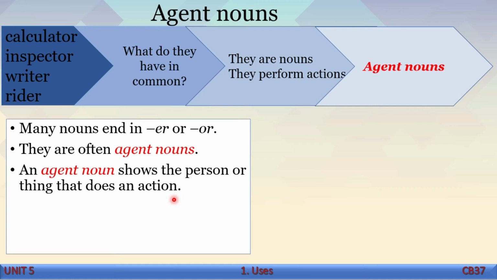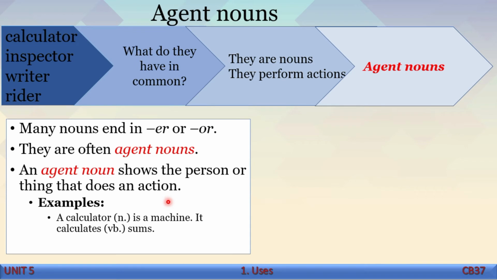For example, a calculator is a noun, is a machine. It calculates sums. Calculate is a verb. Calculator is derived from the verb calculate. Very good.